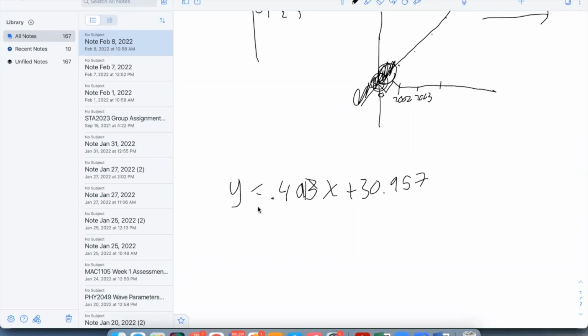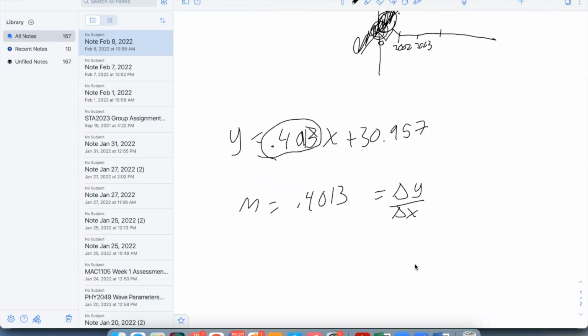The number in front of x, that's my slope. Remember, slope is y over x. It's always how much y changes for each additional x.